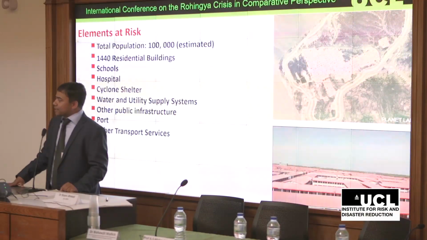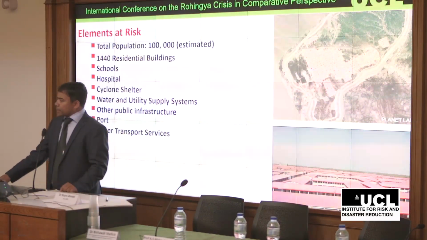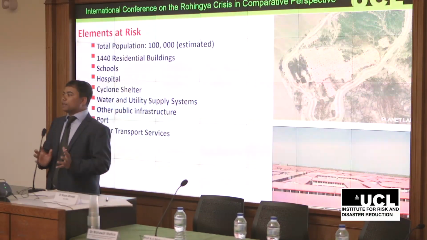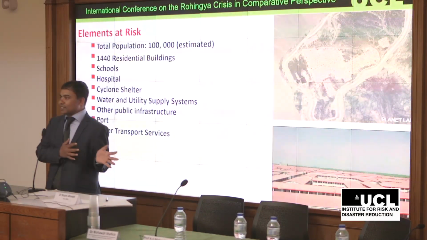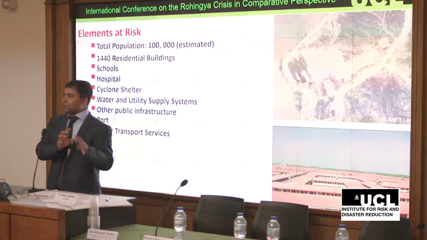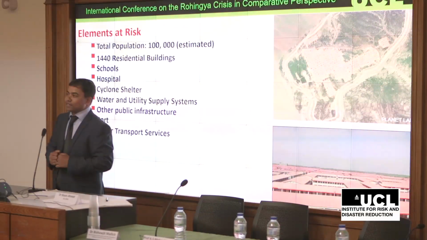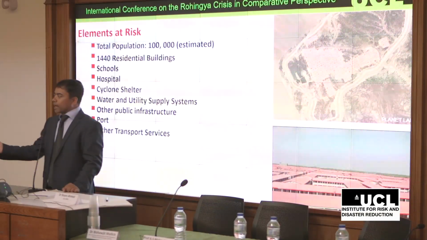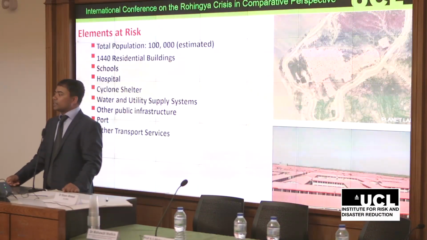Another sense is that now there was nothing. We had hazard, but we didn't have any element at risk. So now we put the element at risk, and together with that, we have cyclone risk on that island. The government is planning to put around 100,000 people and 1,440 residential buildings on that.